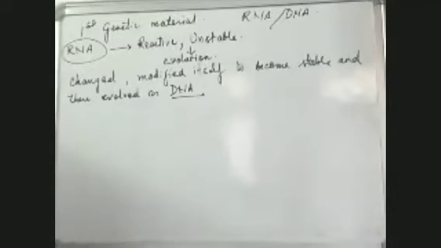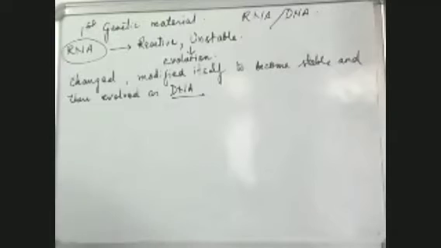That means RNA got converted into DNA in due course of time, in the path of being stable. Now you know the difference between RNA and DNA.